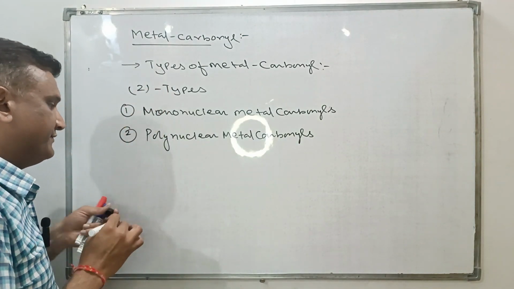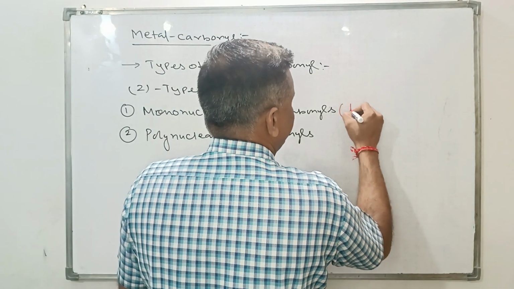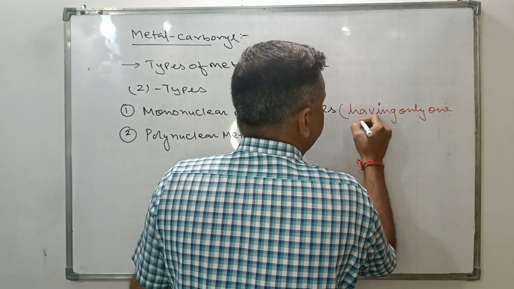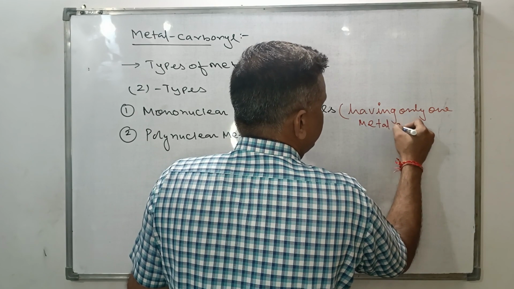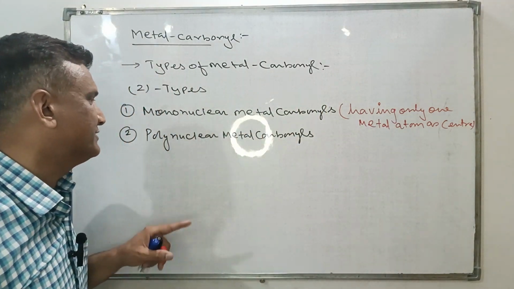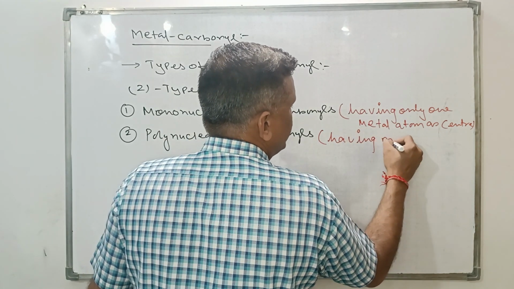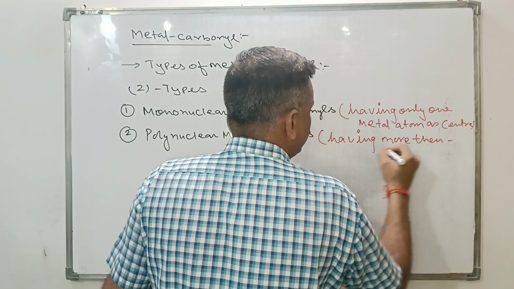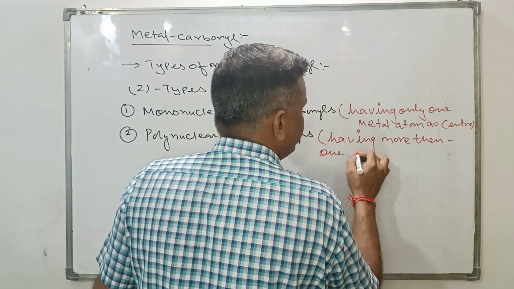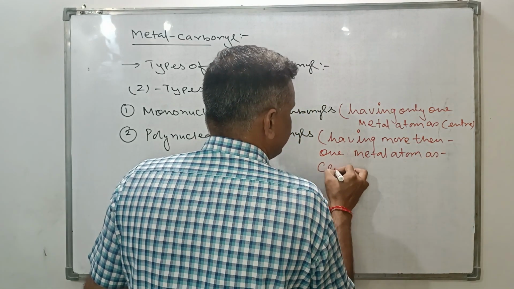If you go with mononuclear, these have only one metal atom as center or nucleus, and if you go with polynuclear, these have more than one metal atom as center.